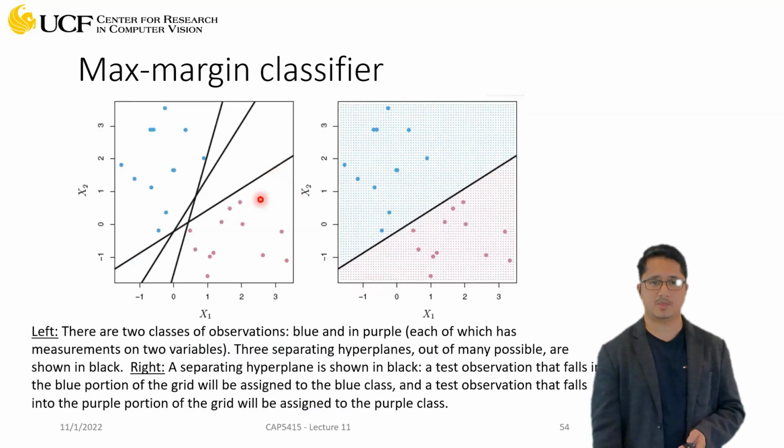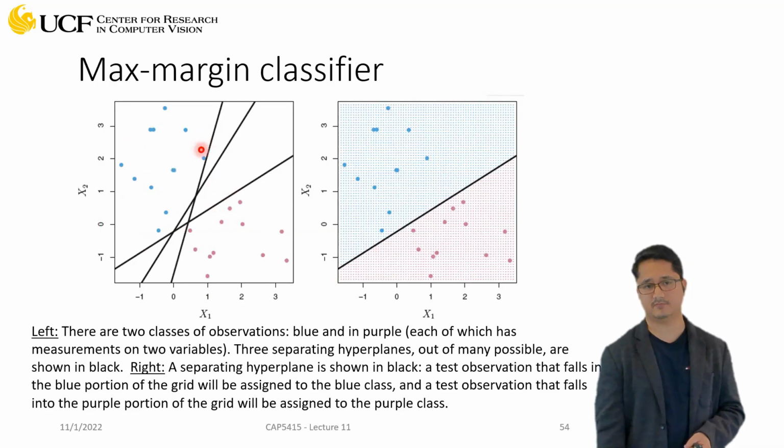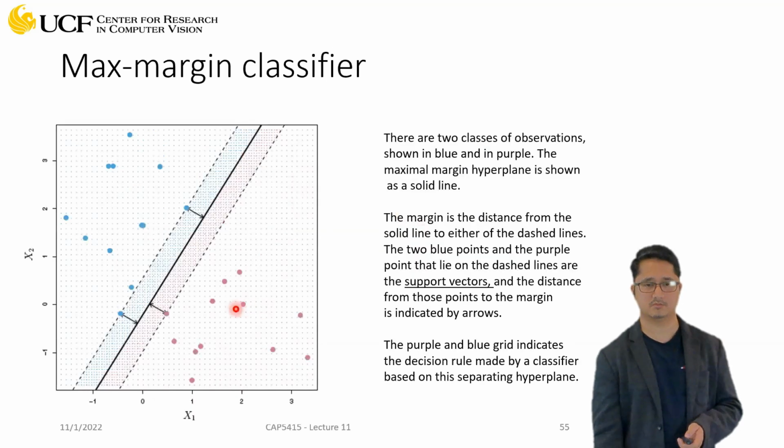All right, so now what you're going to learn is, you will have your training samples. Let's say it's a binary classifier, you have blue dots and these purple dots here, and you're going to learn this line, or you can say hyperplane. There are many, many possibilities. So we want a hyperplane which will maximize these margins.